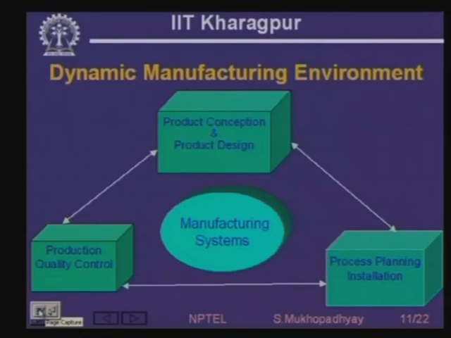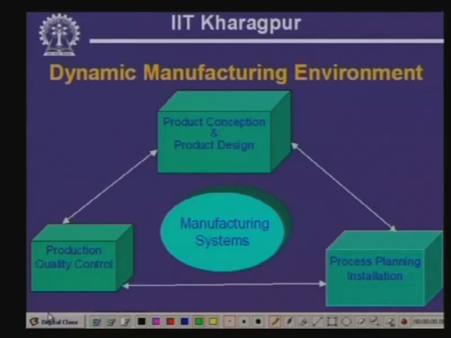But once you have designed it, you have to actually plan and install equipment so that you can manufacture it. So, you have to set up your factory, you have to change your production facility, right. After that you have to actually do production and quality control, and at this point it will go out of the factory into the marketplace and will get sold.